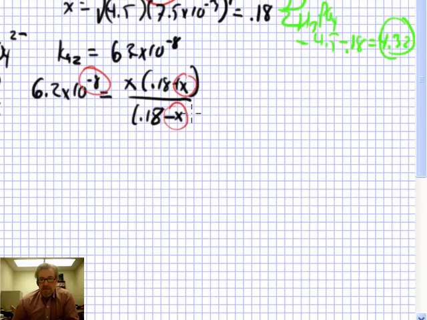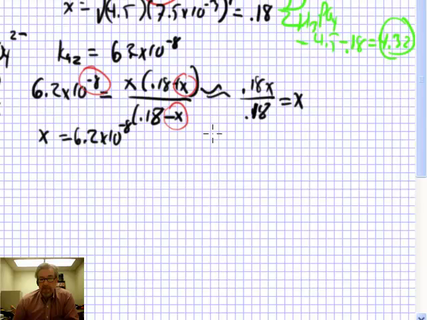So we're going to say that this is approximately equal to 0.18x over 0.18, which is, of course, x. So that means x is equal to 6.2 times 10 to the minus 8th.